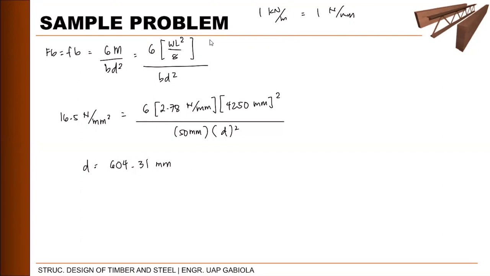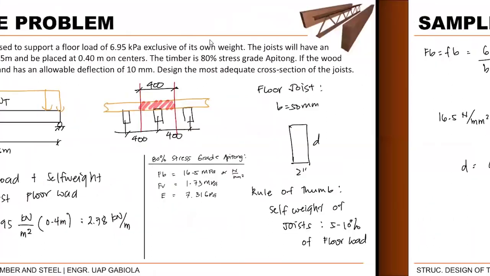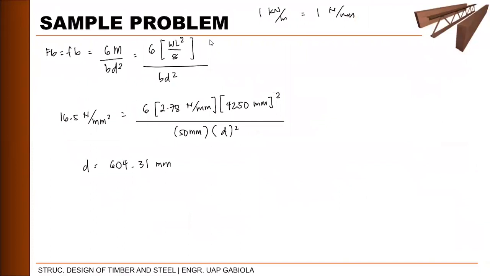So, let me check lang again the calculation. If correct, 2.78 times 4,250. So, okay. Ito, yung isa, no? Yung 2.78 is in kilonewton, no? Nilagay ko dito is in newton na. So, dapat naka-multiply pa to by 1,000.